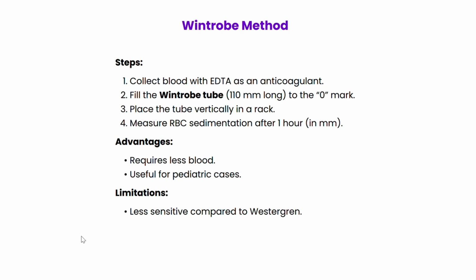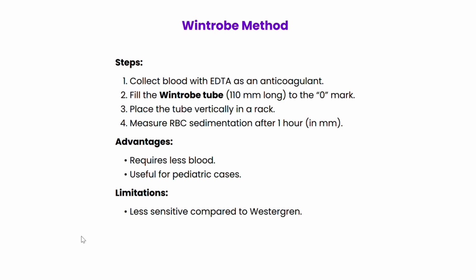Now let's discuss the Wintrobe method, which is often used when smaller blood samples are needed. In this method, blood is collected using EDTA, an anticoagulant. The blood is then poured into a shorter Wintrobe tube, which is 110 millimeters long, up to the 0 mark.